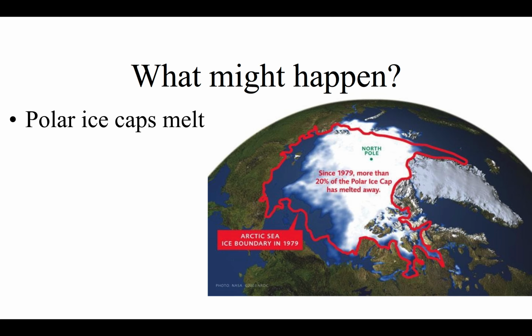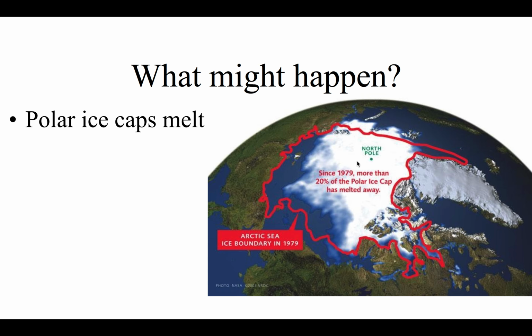Okay, so some consequences of that are the melting of the polar ice caps. As I said, this will affect global weather patterns tremendously due to convection patterns, and also because, remember, ice reflects a lot more energy than water does.